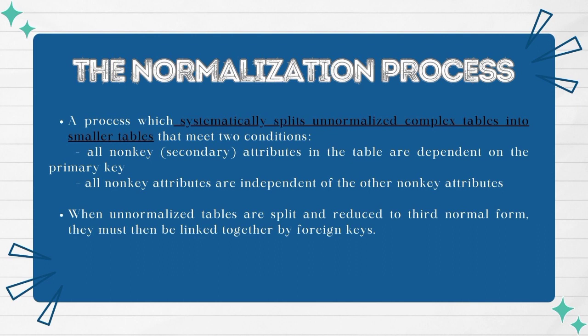In other words, it involves identifying and removing structural dependencies from the tables under review. When normalized tables are split and reduced to third normal form, they need to be linked together via foreign keys so that the data in them can be related and made accessible to users.